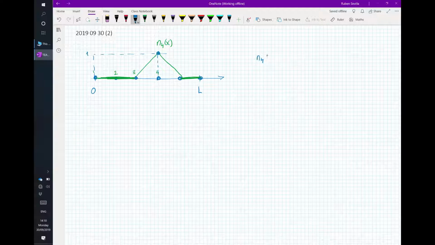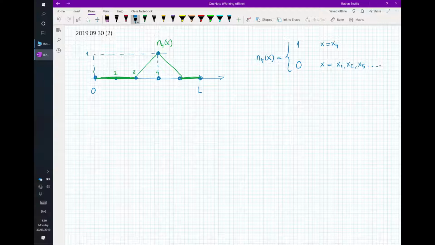N4 here is 1 if I am looking at it from node number 4, is 0 at all the other nodes. So at x1, x2, x5, and so on. All the other ones that are not x4. And it's linear, piecewise linear.